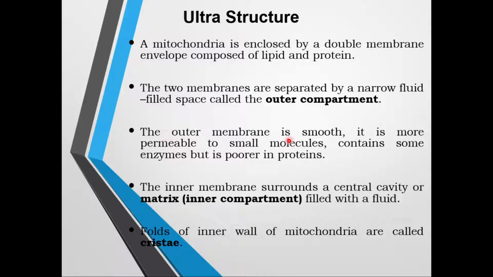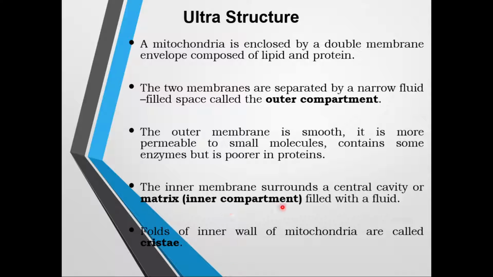The outer membrane is smooth. It is more permeable to small molecules, contains some enzymes but is poor in protein. The inner membrane surrounds a central cavity or matrix, as I have explained in the diagram, which shows the presence of some fluid material called the matrix.